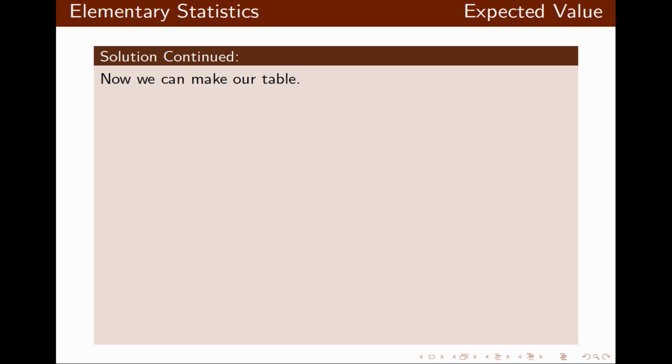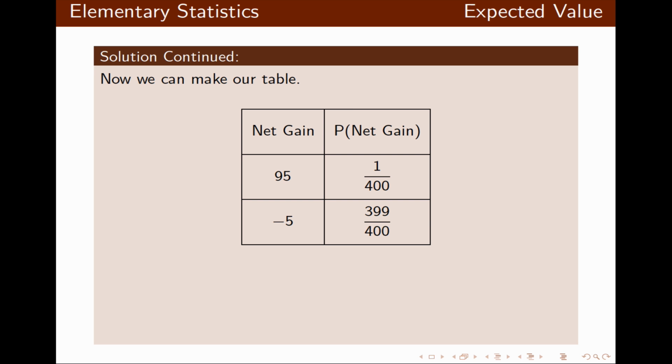We can make our table now. $95 net gain, probability of that 1 over 400. $5 loss, that would be negative 5, and the probability of that is 399 over 400.